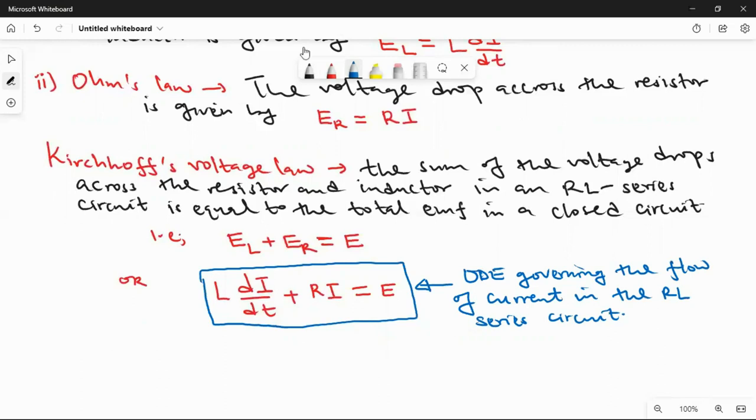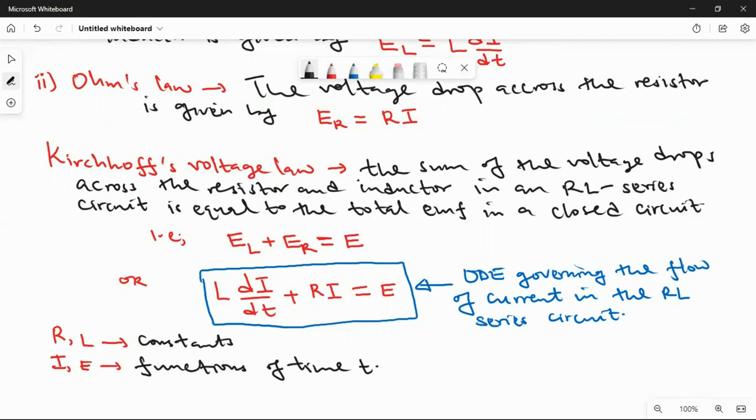So what we said is that R and L, these are constants, while I and E are functions of time t.